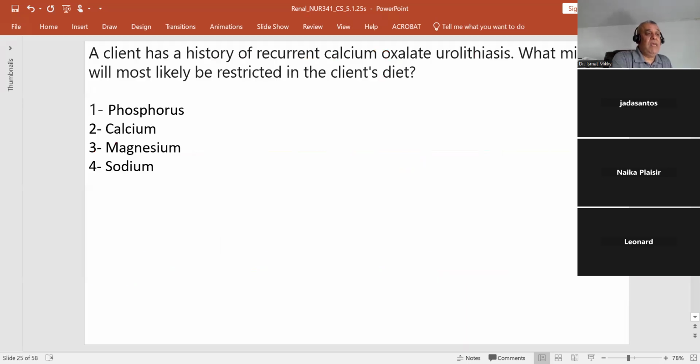So here we have a client who has a history of recurrent calcium oxalate urolithiasis, kidney stones. What mineral will most likely be restricted in the client's diet?